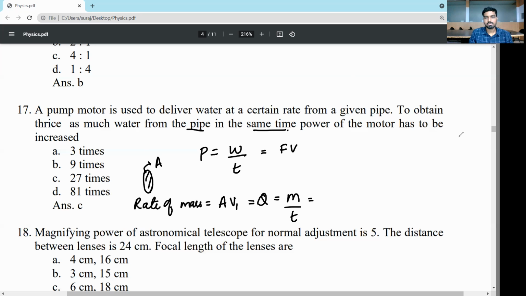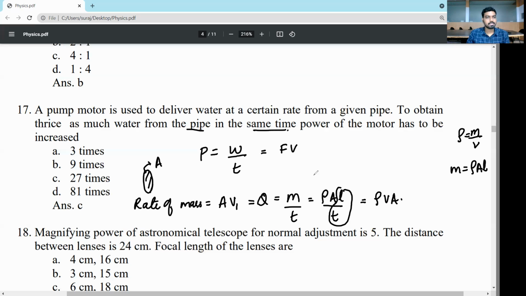Density is mass by volume. So mass equal to density into volume, which is A into L. So density volume A into L by T. This is rho V, L by T is V into A, rho VA. This is the rate of mass, M by T.